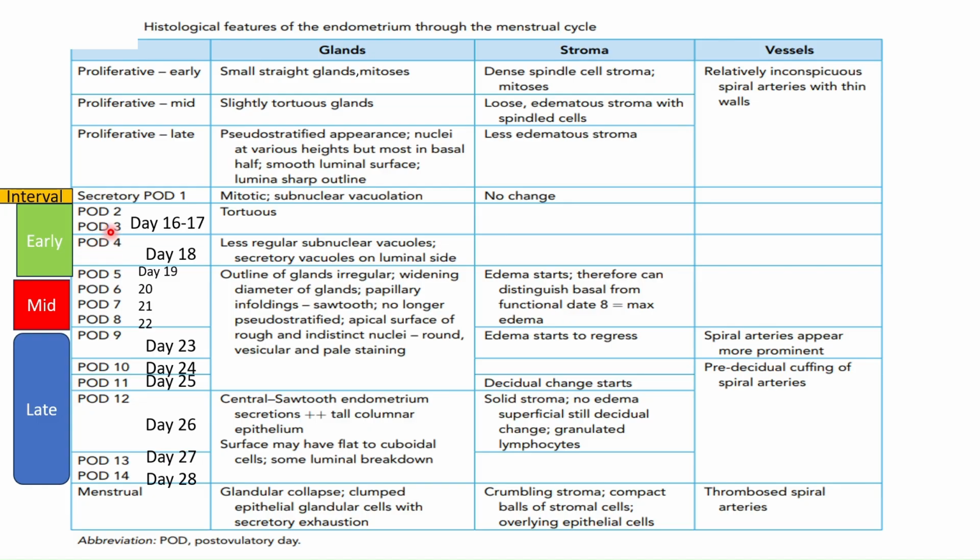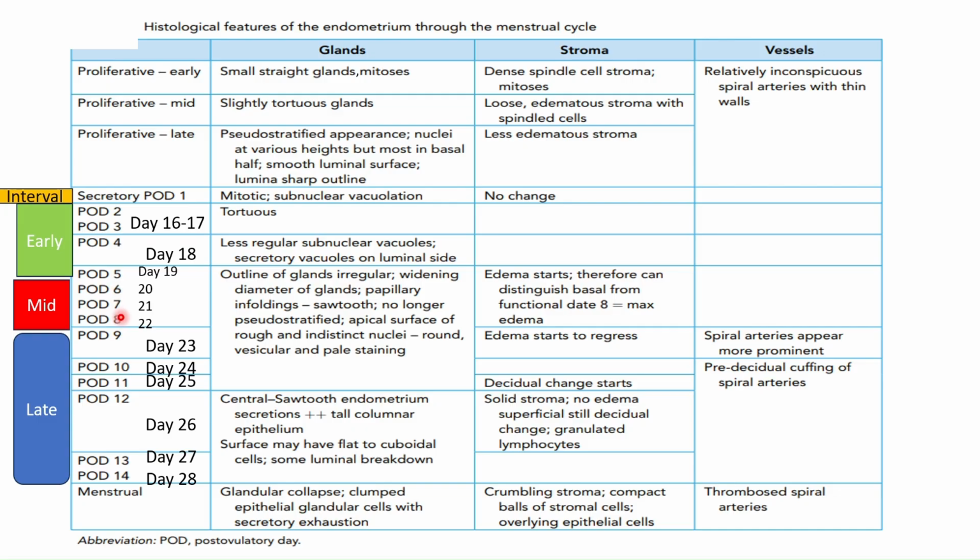On post-ovulatory day 2 and 3, there are tortuous glands. On post-ovulatory day 4, there are less regular subnuclear vacuoles and secretory vacuoles on the luminal side. So, subnuclear and a few supranuclear vacuoles.